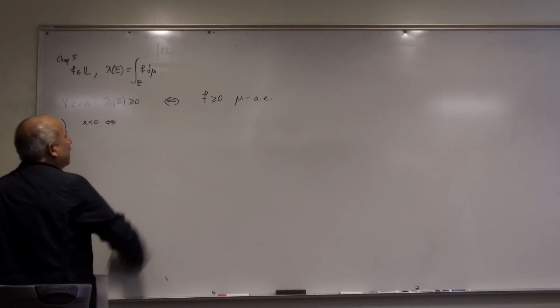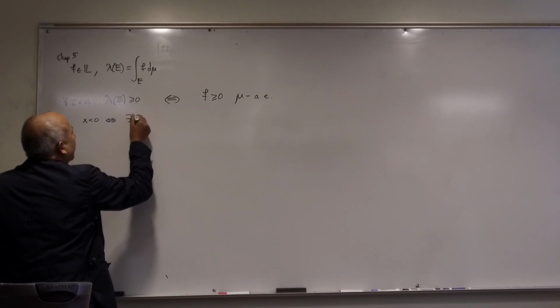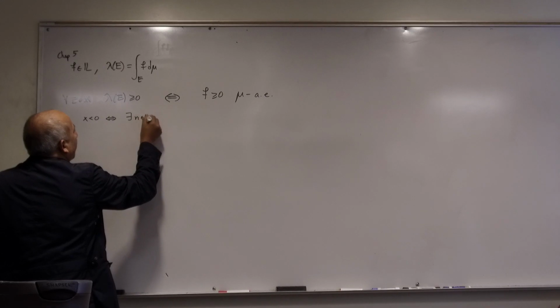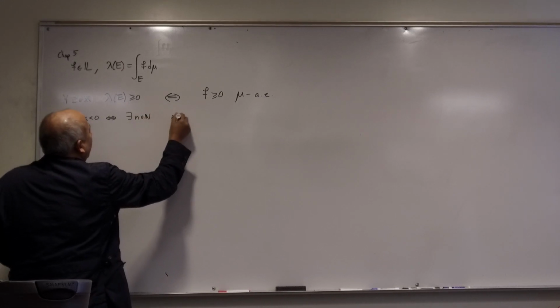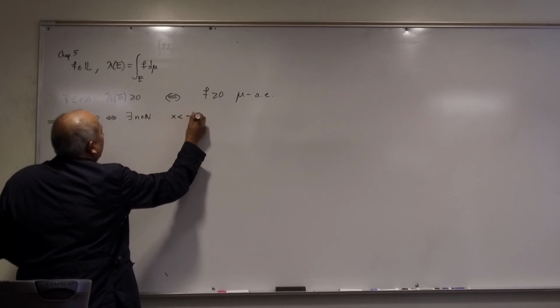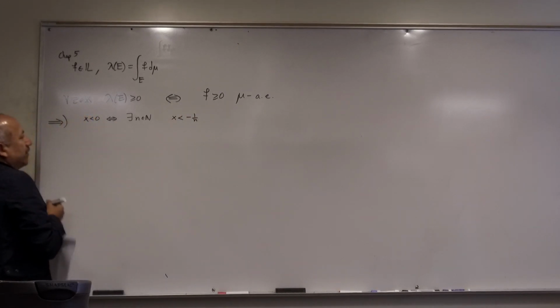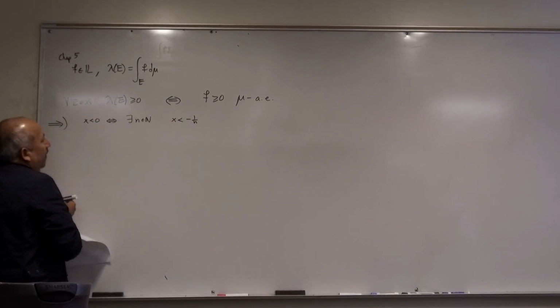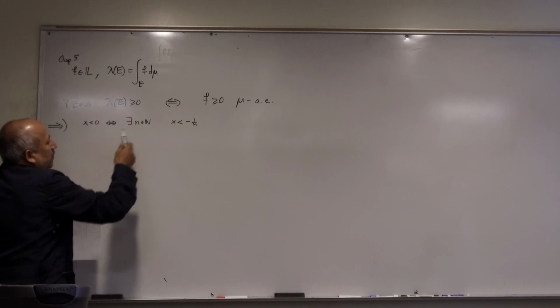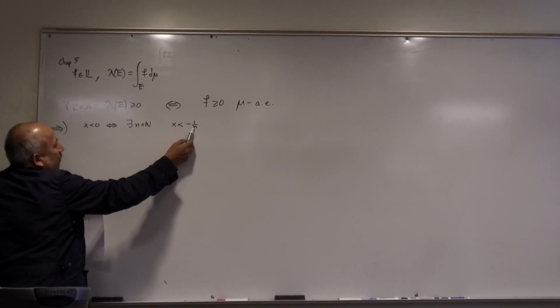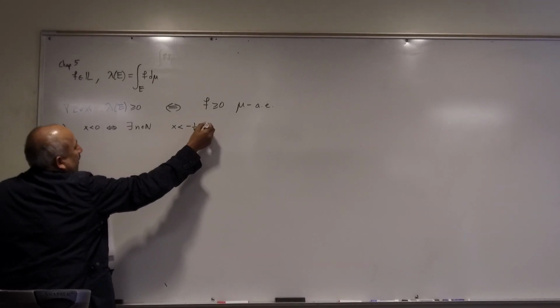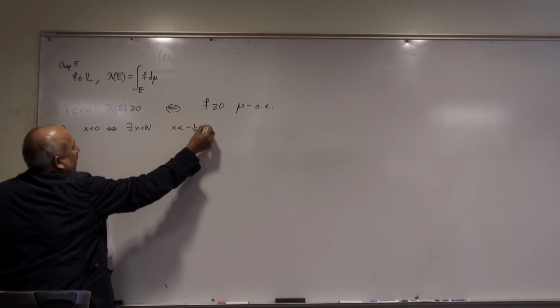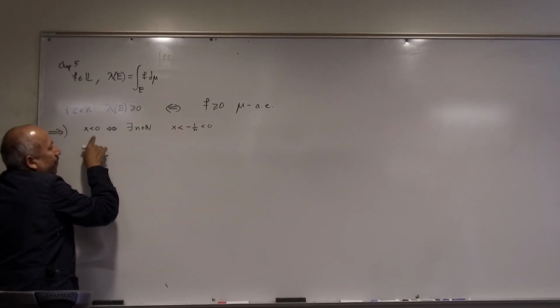I mean, it's if and only if there is an n such that the number is less than -1 over n. Does it make sense or not, guys? Because if there's an n such that x is less than -1 over n, and because this is less than 0, by transitivity, x is going to be less than 0.